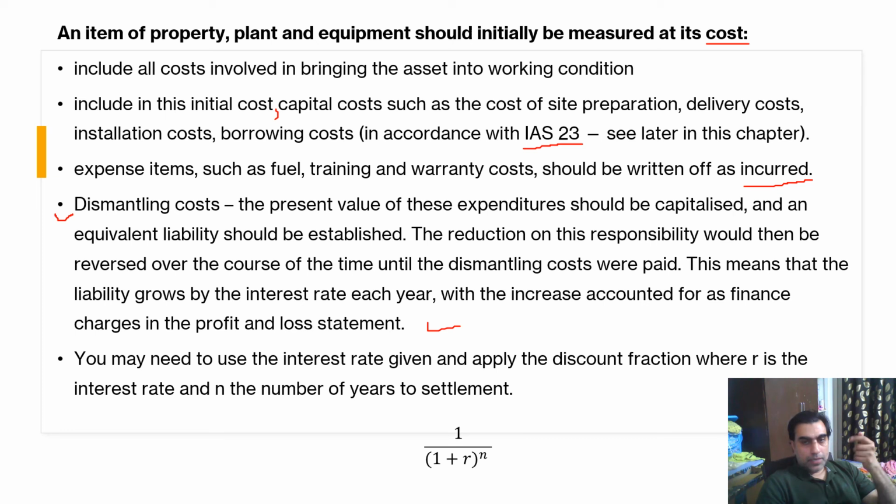To calculate the discount, some rate will be given and you have to use this formula. Two things are important here. One is what is dismantling cost, so you can see the definition of dismantling cost in the next slide, and we can use this formula easily in the calculator, which I will discuss in the coming slides.